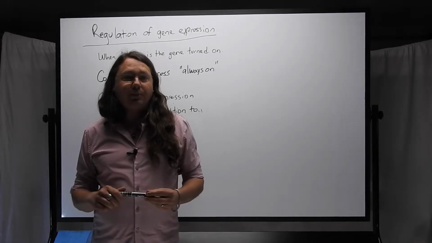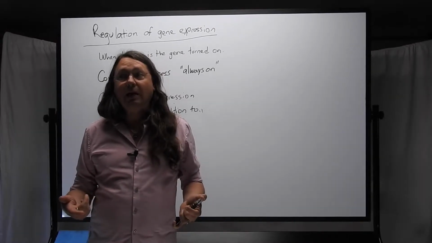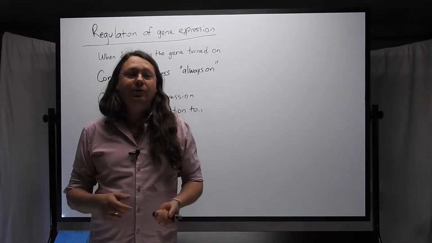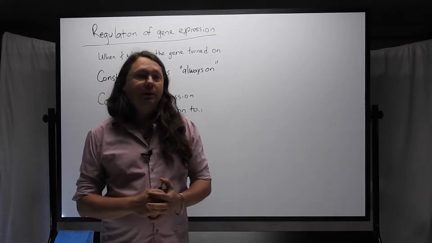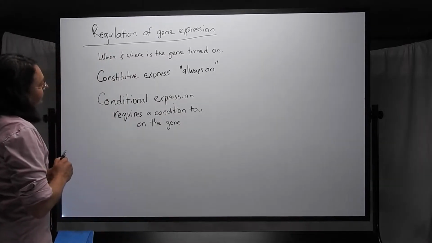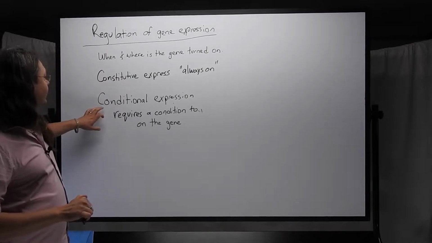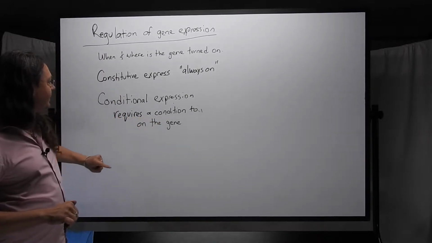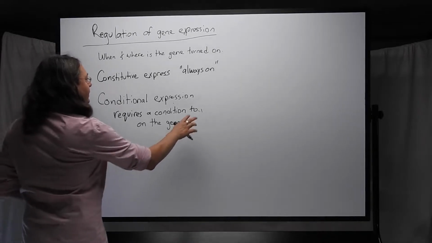But if the sugar is present, then the E. coli will turn on those genes. Let's say it's lactose. So it'll turn on the lactose genes so that it can utilize lactose in glycolysis. In that case, the lactose itself is the condition. Lactose present in the media will turn on the genes required to utilize the sugar.